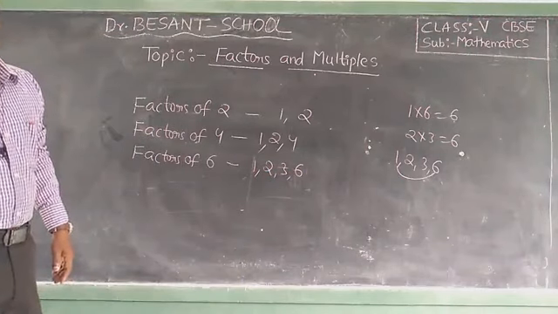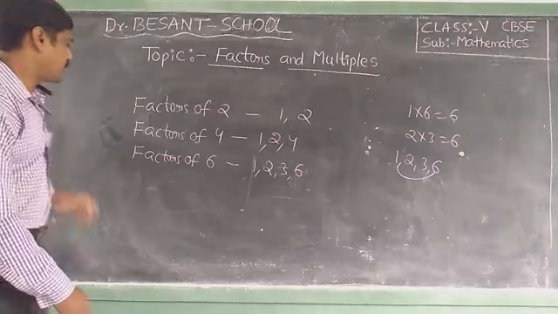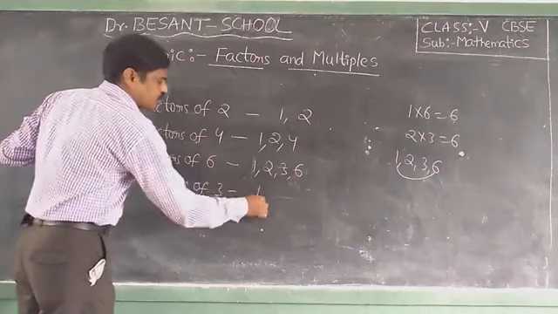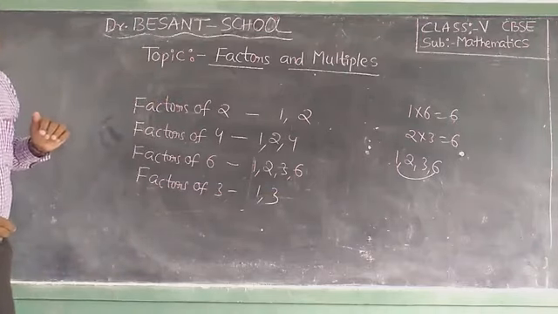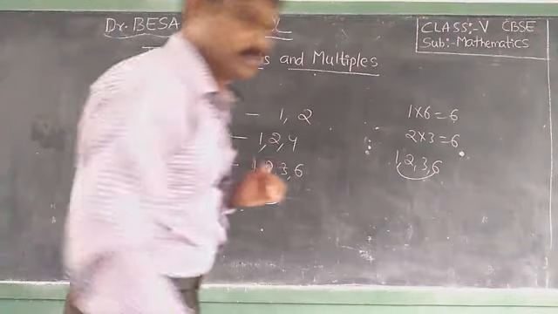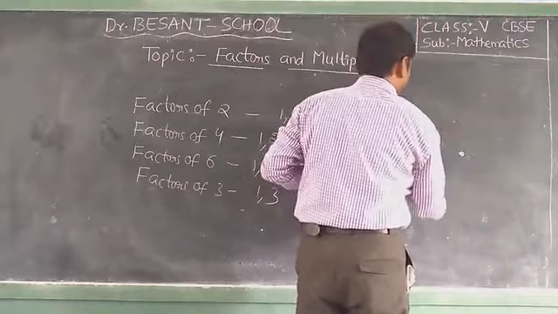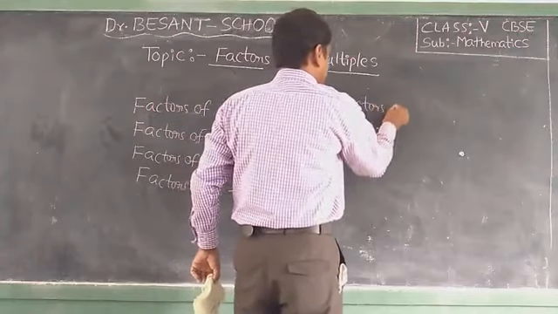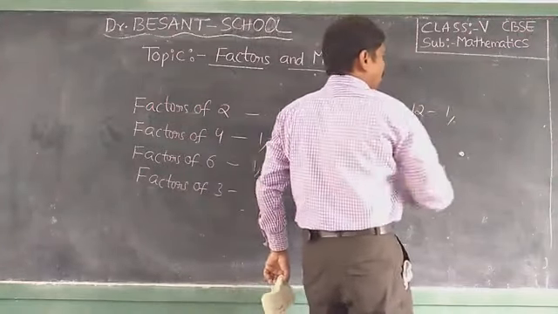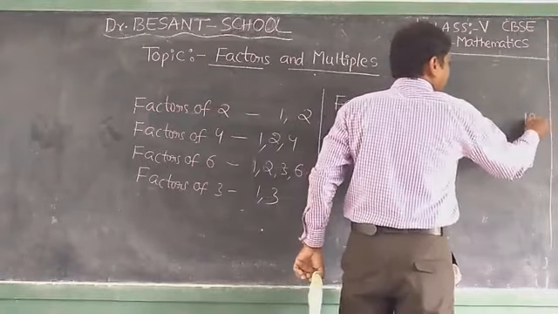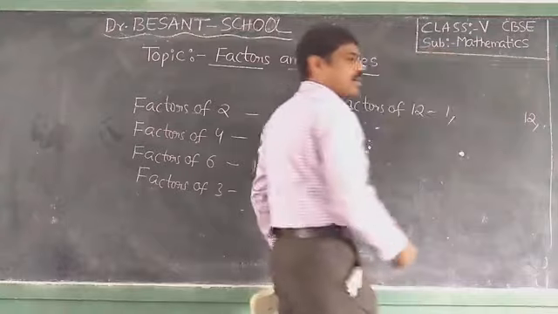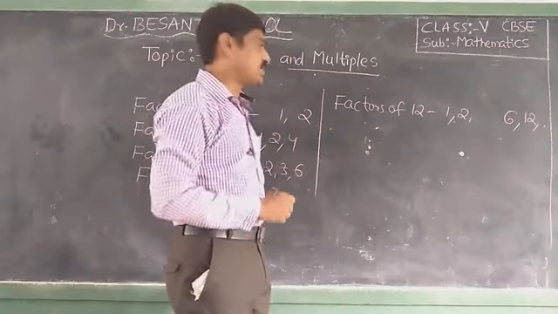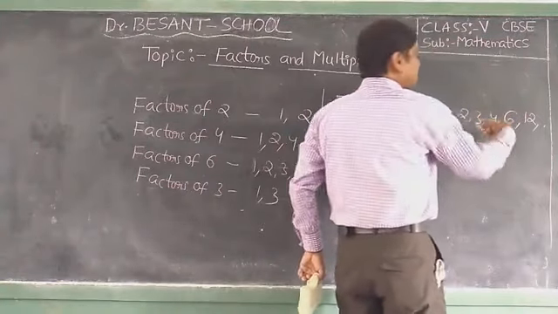Next, factors of 3. So 1 and itself. Next, factors of 12. 1 12 is 12. 2 6 is 12, 2 and 6. 3 4 is 12.